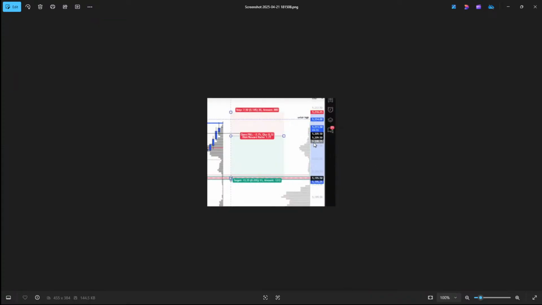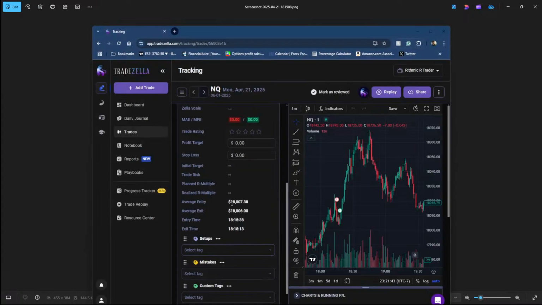It wasn't 5,208.75. My entry was 18,875. And I'm like, holy shit, I took two full contracts of NQ on a tiny account when I was planning on taking two MES.